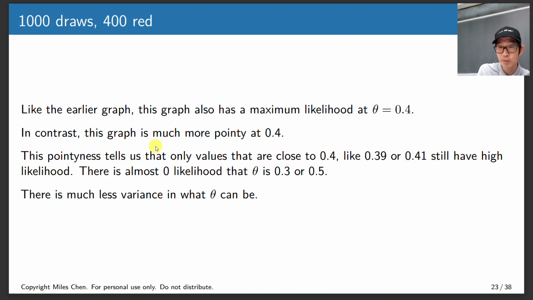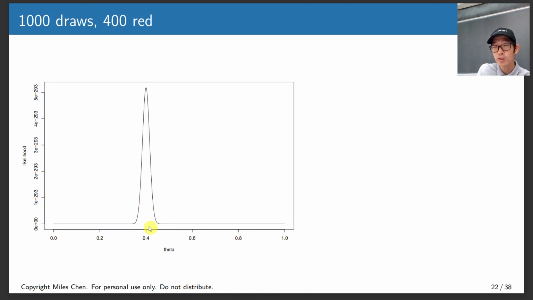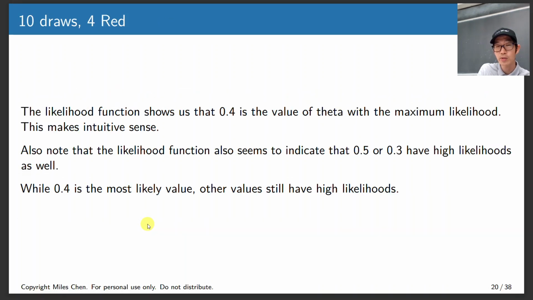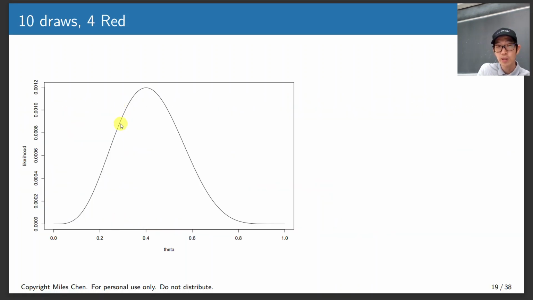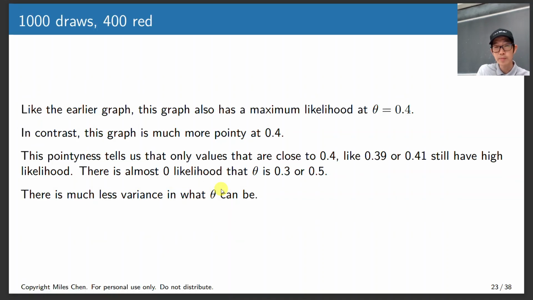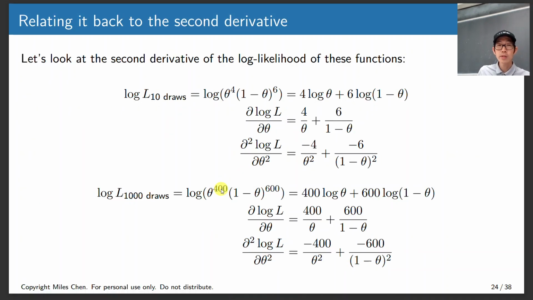Values like 0.3 or 0.5 have much lower likelihood. So in this case, the variance as far as what theta can be is much smaller, compared to the earlier likelihood where theta could be 0.3 or 0.4 or 0.2 or 0.6, all over the place, and it's quite possible.